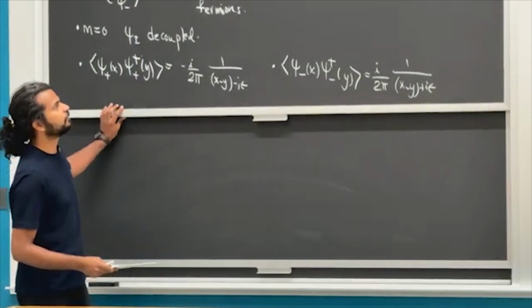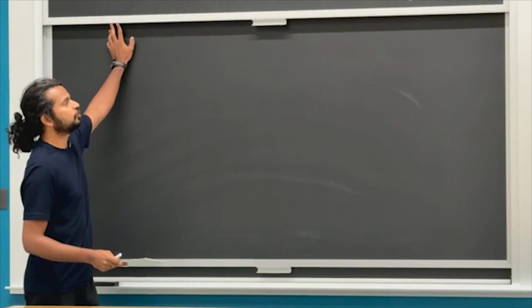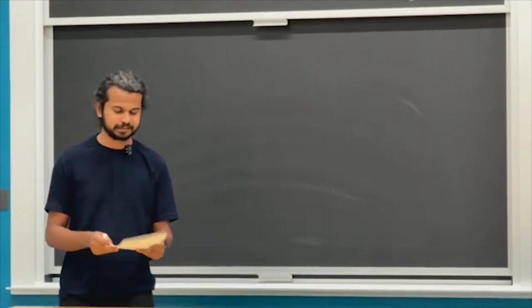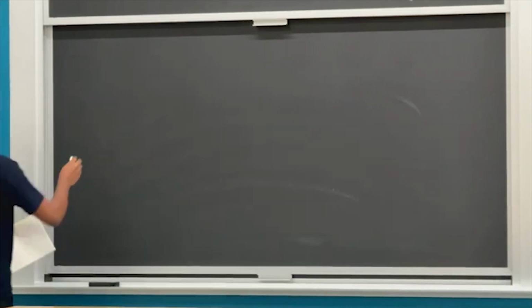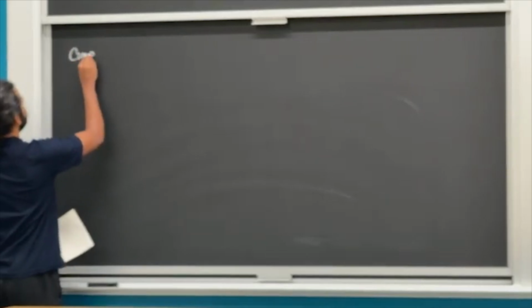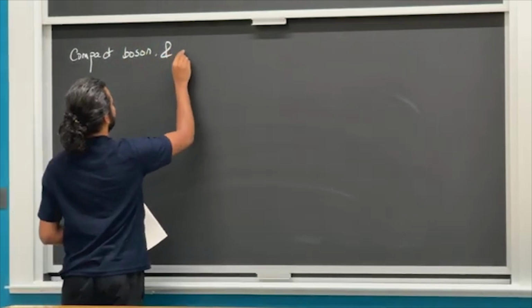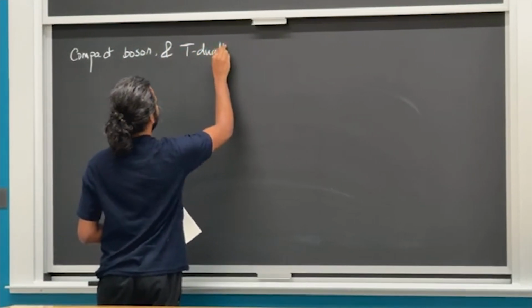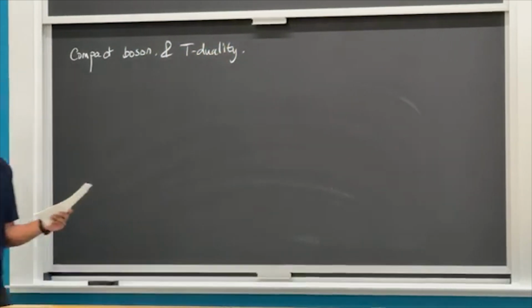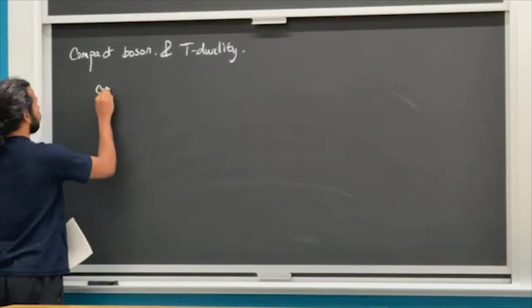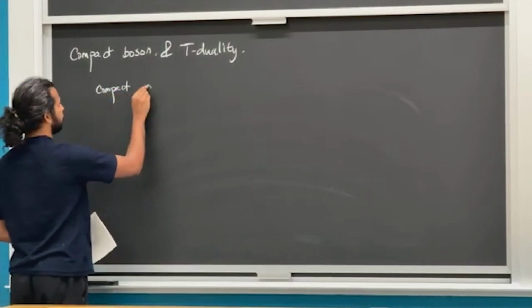And then we moved on to a boson, specifically a compact boson, and we went into a tangent that was not really necessary for this lecture, but nonetheless we discussed a compact boson and T-duality. So the idea of T-duality was that you have a compact scalar field phi.